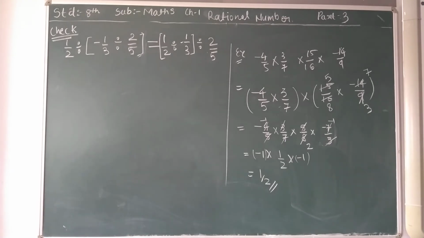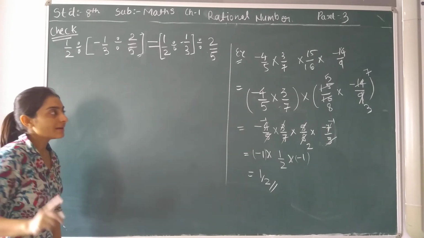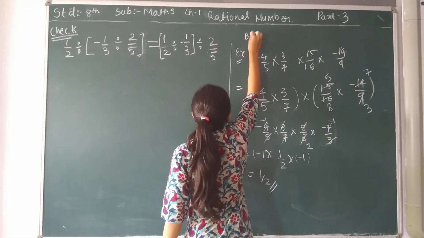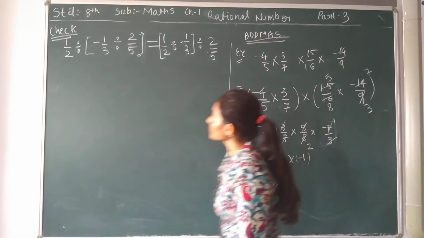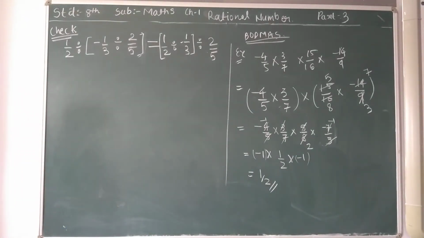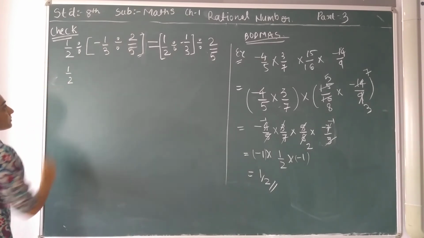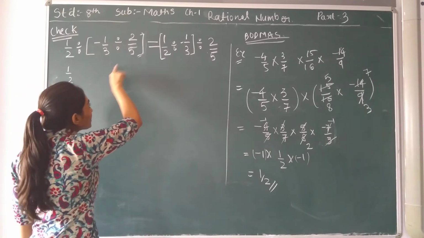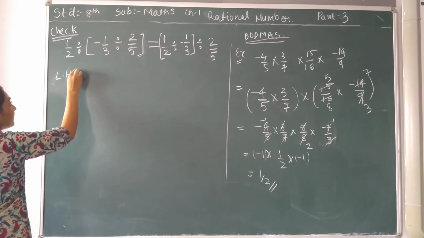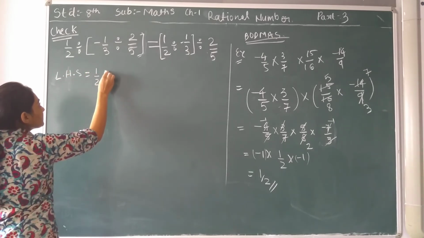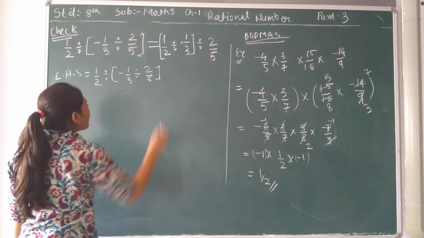So for the checking I am first doing the BODMAS rule. First always solve the bracket. BODMAS rule. Okay, BODMAS rule. First always solve the bracket. So, okay, we have to check whether these two are equal or not. The first thing I am taking is the left hand side, this portion: 1/2 divide with minus 1 upon 3 plus 2 by 5.